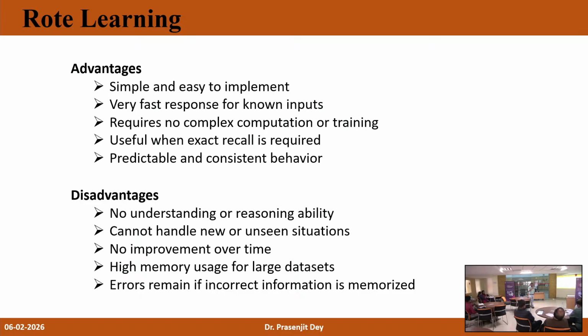That is not feasible. So memory usage is very high, and error remains if incorrect. Suppose once I incorrectly label some sample, it is there in the system, and every time a similar sample comes, I will make the same incorrect decision, and it will not improve itself. So these are the drawbacks of rote learning.